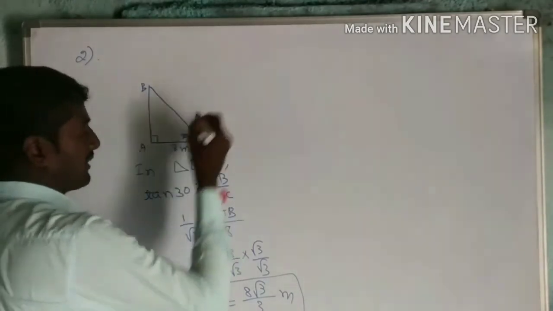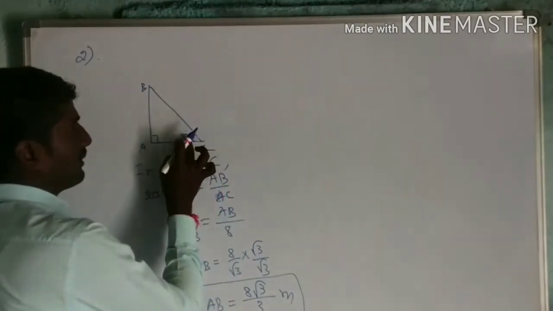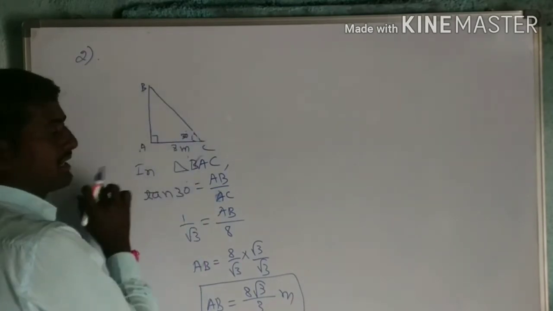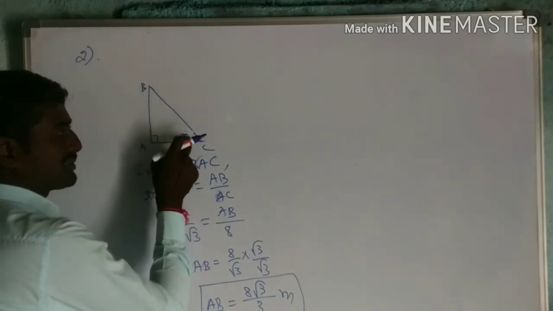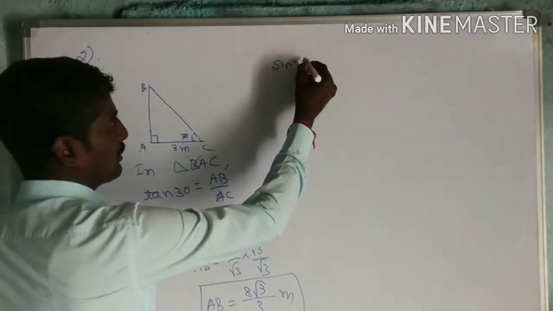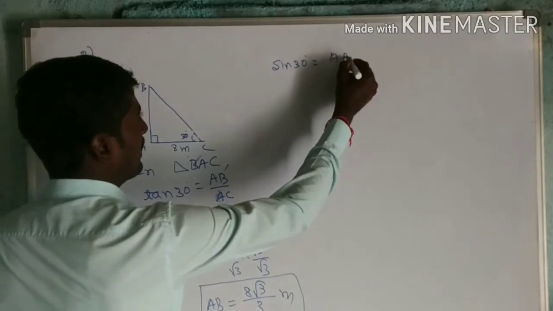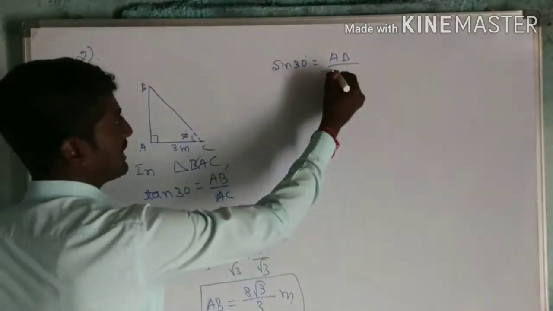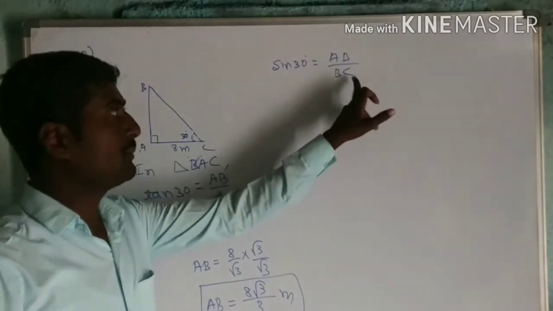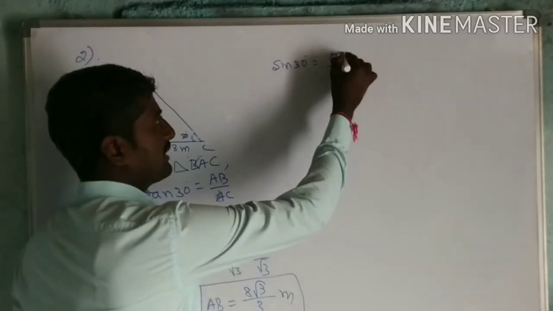Now for the same right angle triangle, I will take these two. Which ones? AB and BC. Opposite by hypotenuse, that is sin 30. So now sin 30 degree is equal to AB divided by BC. In this one AB is known, automatically I can find BC.